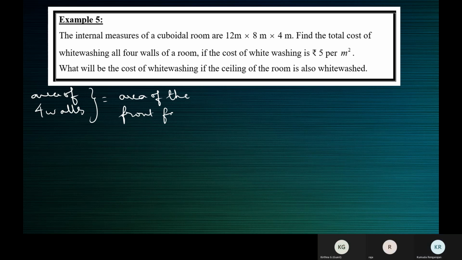Is this correct? Children? Area means the area of the front face, back face, and the 2 side faces, correct?